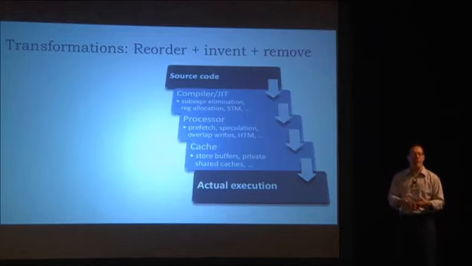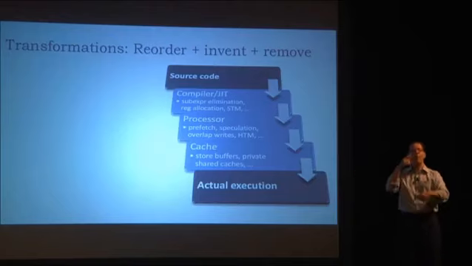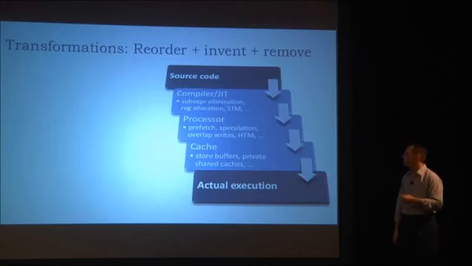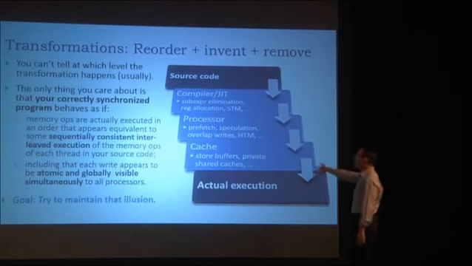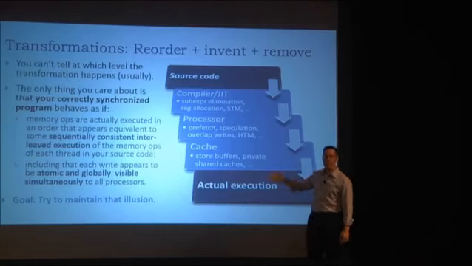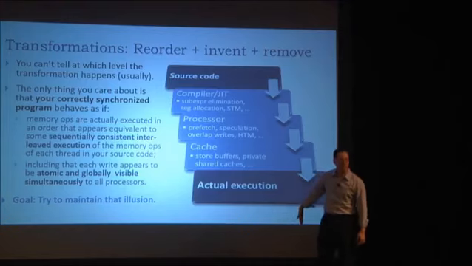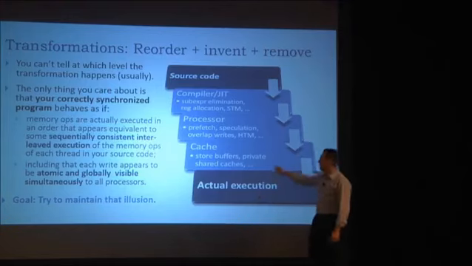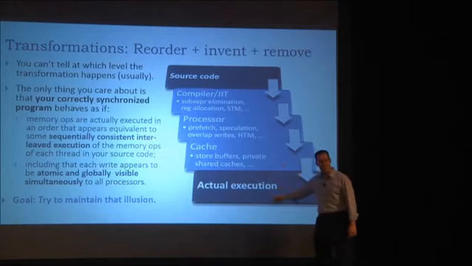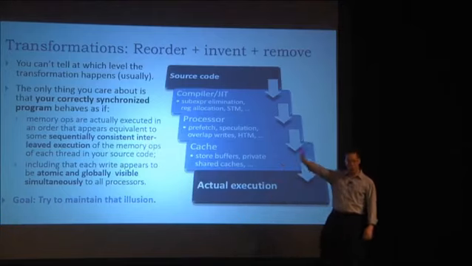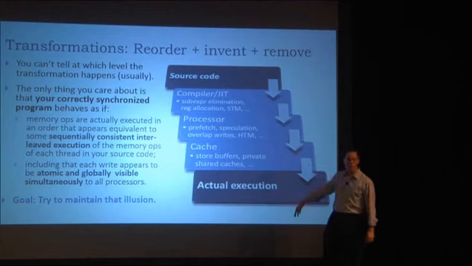All sorts of things can happen, all of which have the effect of apparently reordering the memory reads and writes that your program said it was going to do. And you can't tell who did it, usually, unless you dig real deep, but you don't care. All you care about is what you wrote and what actually gets executed, and as long as this is a valid execution of that, you're good, and you don't care who rearranged it from some other valid execution that might have happened.